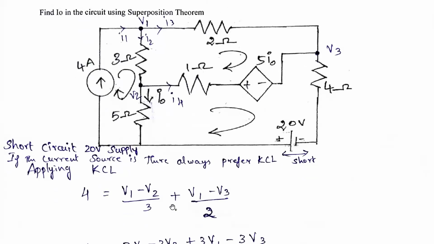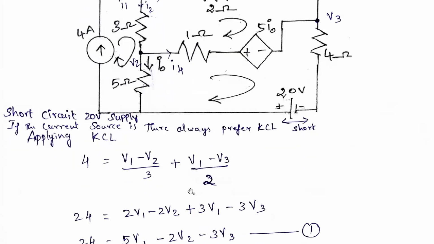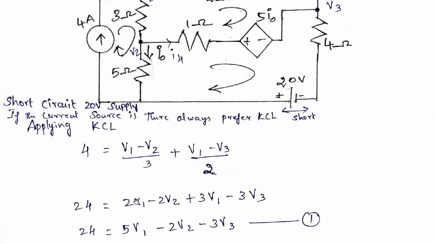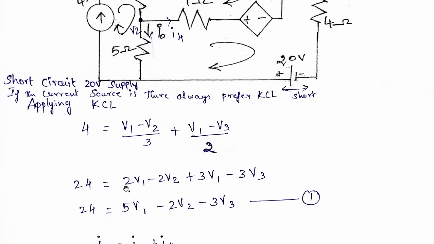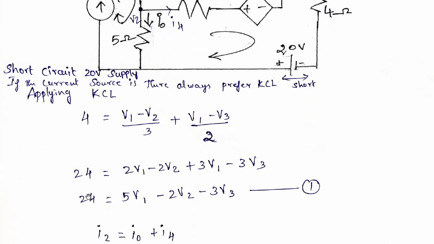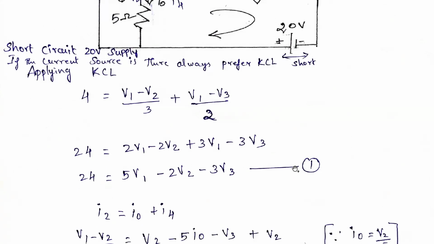Simplifying by taking the LCM, which is 6, we take 6 into 4 is 24, and we get 5 V1 minus 2 V2 minus 3 V3 is equal to 24. We take this as equation number 1.